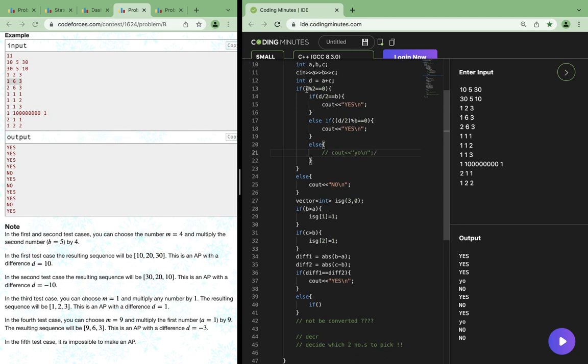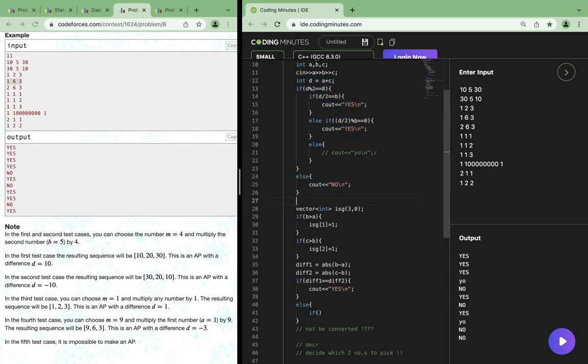So in this case, what I did was, if we could change b, multiply b, right? This was for the case where we can change b.